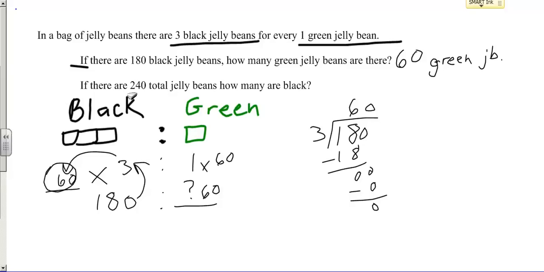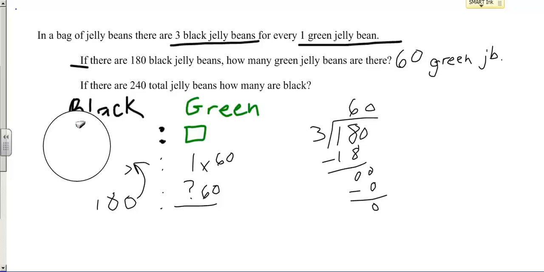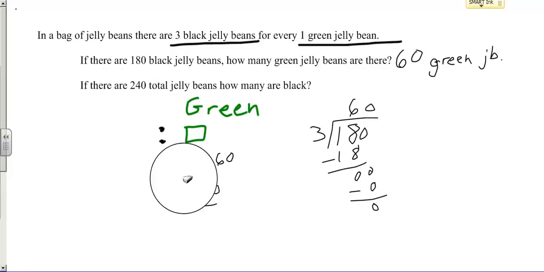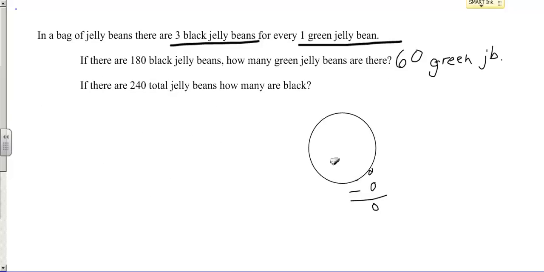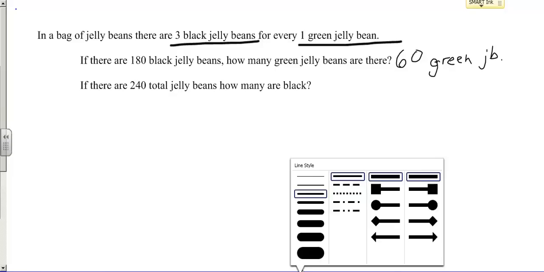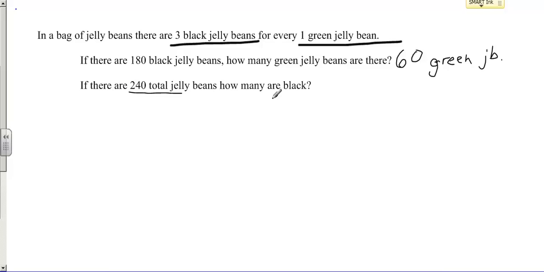I think I need to erase this and start again. So I'm going to start all the way back at the beginning here. So if there are 240 total jelly beans, how many are black?